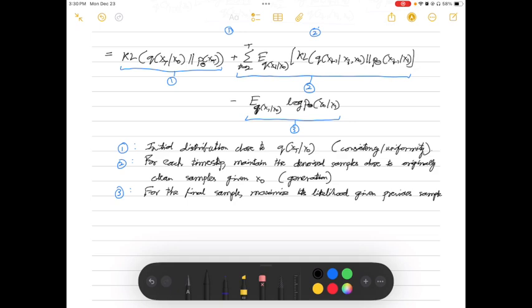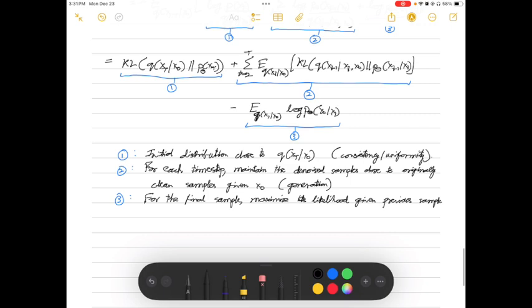Yeah, so this is again something to do with consistency and uniformity, but it doesn't really do much with generation or diversity.